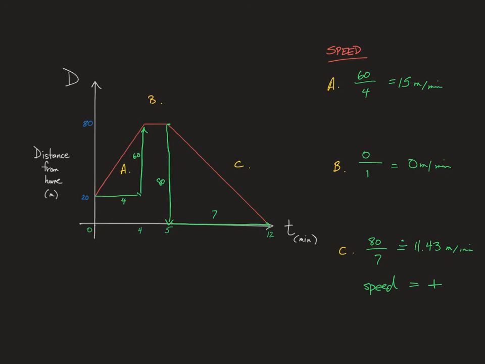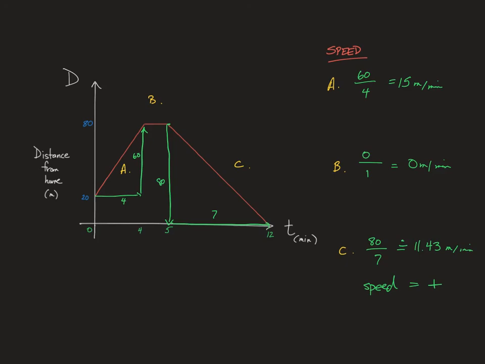No problem. We can make that correction and we're good. A couple things to use as a check. Segment A's section is steeper than segment C's. So when I calculate its speed, I should have a higher number in A than C. I check that. Everything matches up.